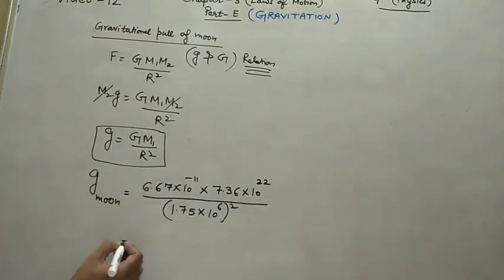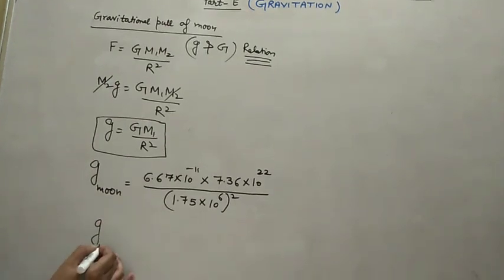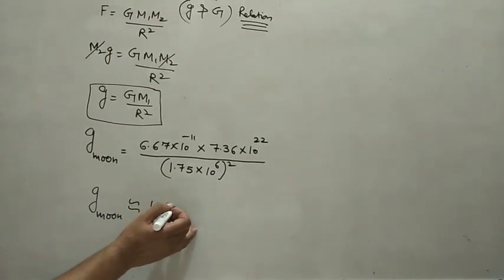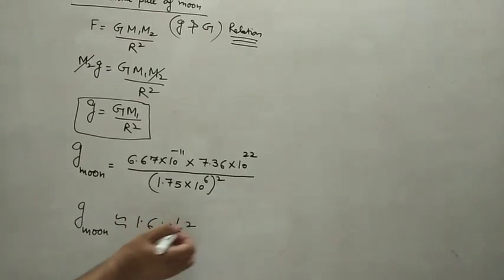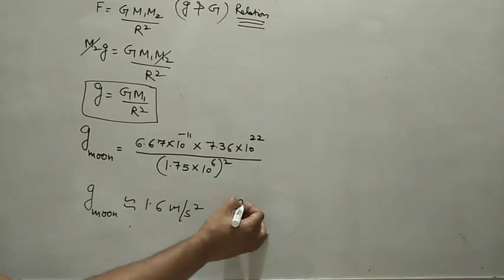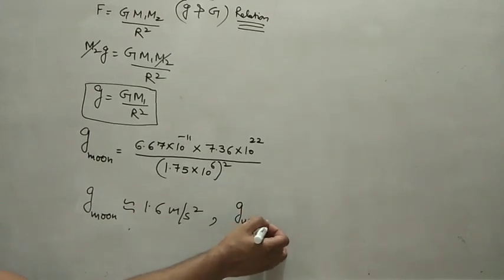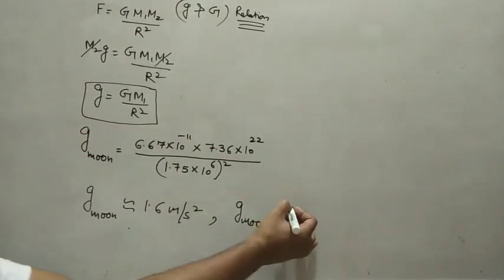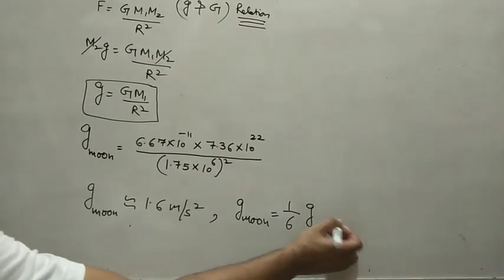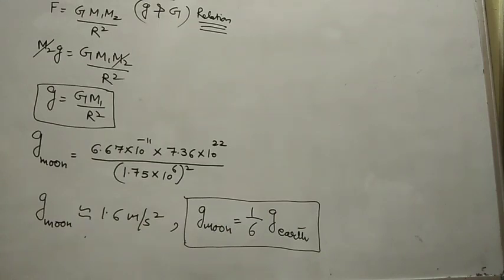Approximately the value of g for the moon is 1.6 meter per second square. If we compare, g of moon is nearby 1/6 of the gravity of earth.